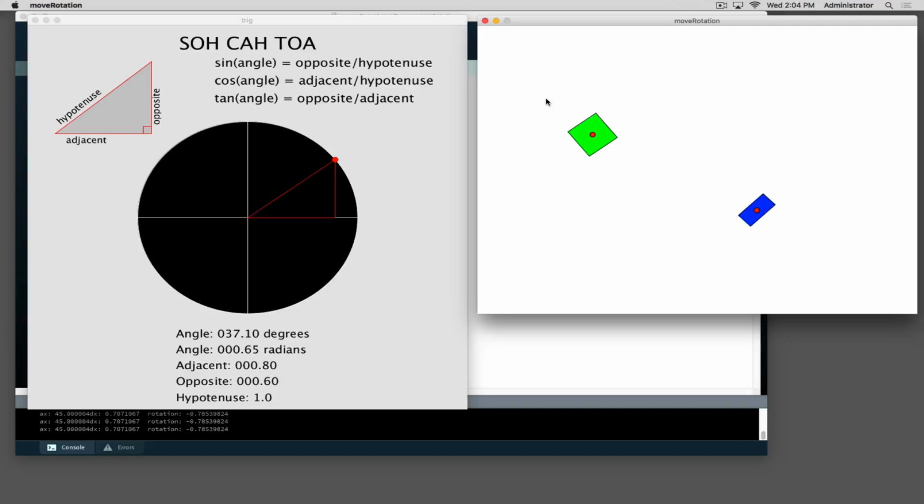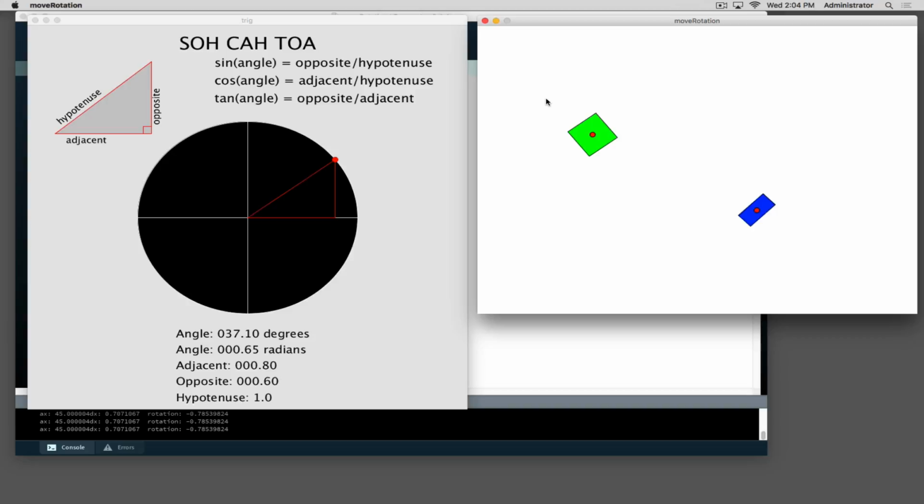Now the cool part about that is this is a right triangle. So we are moving the hypotenuse. And if we say, just for theory purposes, that the hypotenuse has a measure of 1 inch, 1 foot, 1 mile, doesn't really matter, but we'll just say it's 1. Or in our little game, it's a speed of 1. Well, that means we can see our angle in degrees or in radians, and we can see how much I need to move on the adjacent line.